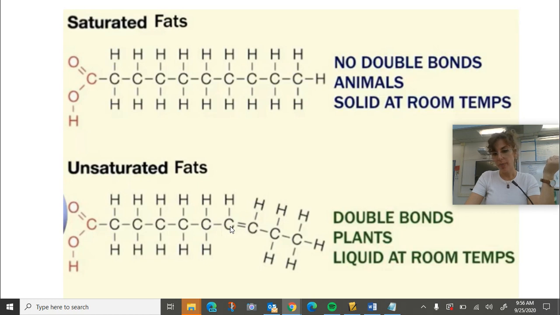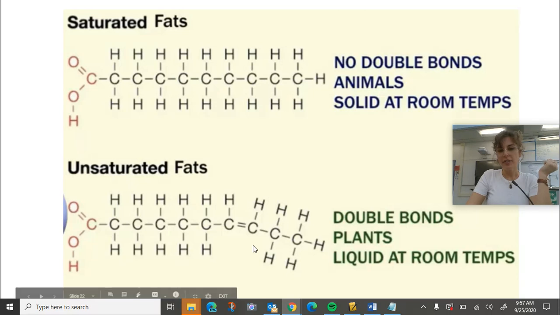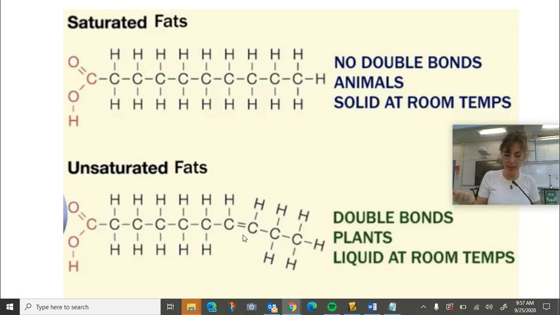So these carbons don't need to be saturated in hydrogen because their valence shell was fulfilled by double bonding to a carbon. Okay, these unsaturated fats are typically found in plants, and they are typically liquid at room temperature because of their kinky nature. Okay, and so if you've ever cooked with canola oil, for example, it's liquid. When you're trying to stack these kinky fats on top of each other, they aren't going to stack nice and neat like the saturated fats, and therefore you see them liquid at room temperature.